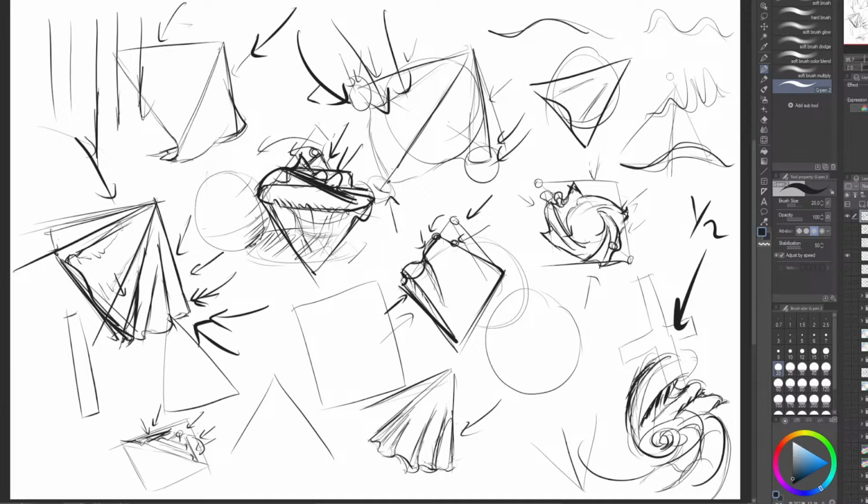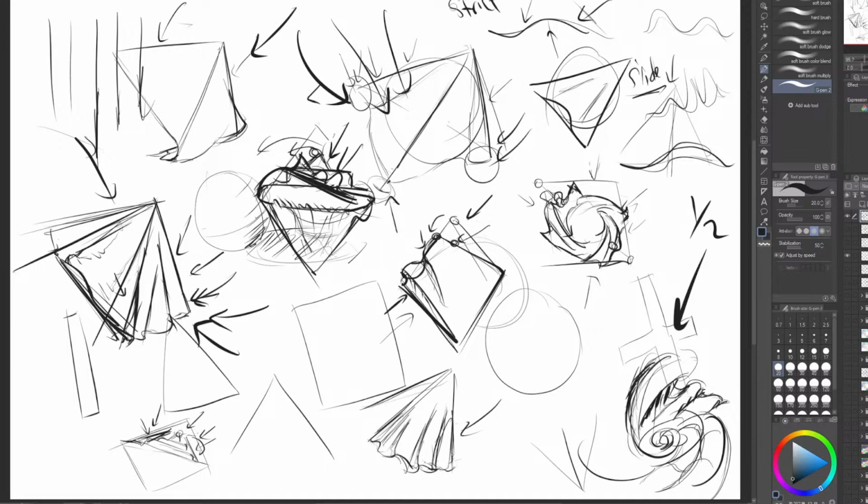But then the fold natures of liquid versus the fold natures of fabric are going to be different. So this is going to be much more slidey, like a sliding scale, and this is going to be a strict scale.